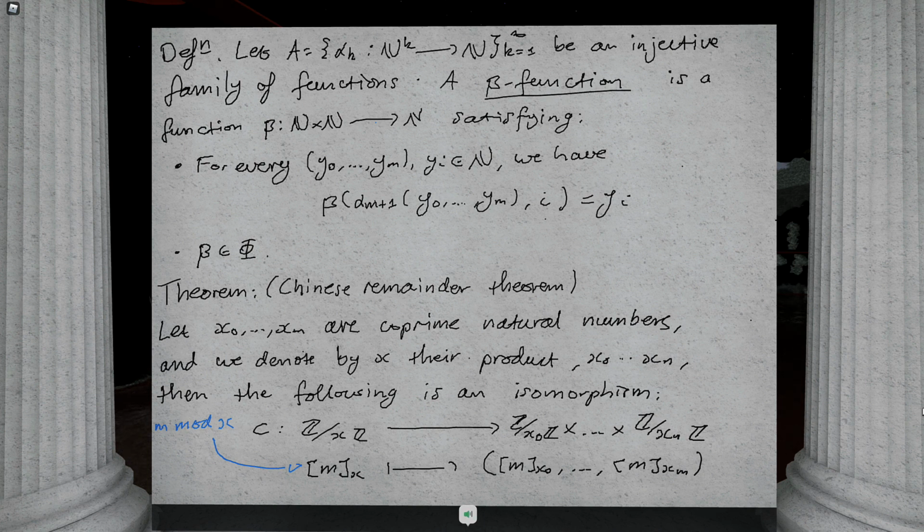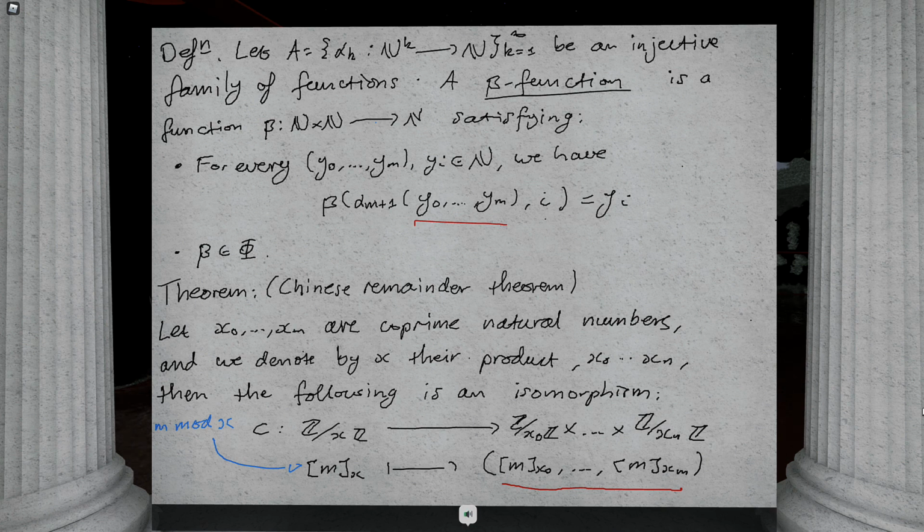So what's going to end up happening is this sequence is going to be y naught up to ym modulo x naught up to xm, so there will be a bit of cleverness involved in our choice of x naught up to xm. We need for all i that xi is greater than yi, because if we don't have that, then taking yi modulo xi is going to chop yi up, and we don't want to do that.